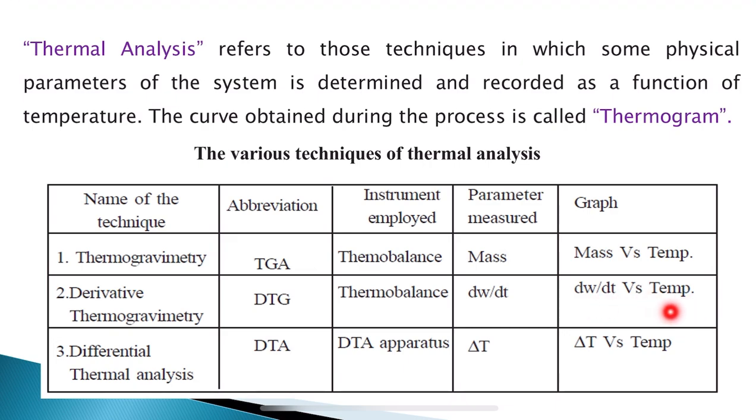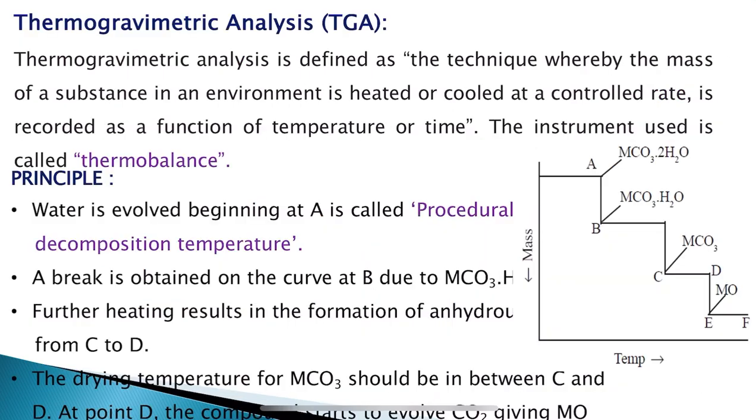The temperature will be taken on the x axis and dW divided by dt will be taken on the y axis. Okay. Similarly, in differential thermal analysis, delta T, that is change in temperature, versus temperature is plotted as a graph. Okay. So, these are the three different techniques which are employed in thermal methods of analysis. Okay. So, now we will see one by one.